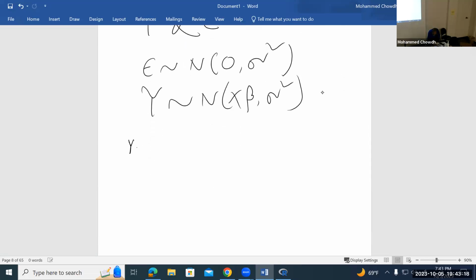You did not see the derivation of this model: beta 0, plus beta 1 x1i, plus beta 2 x2i, up to beta k xki, plus epsilon i, which could be written in matrix format as y equals x beta plus epsilon.